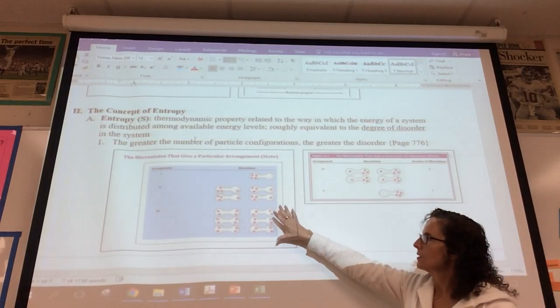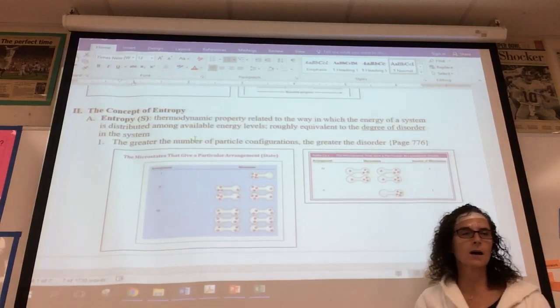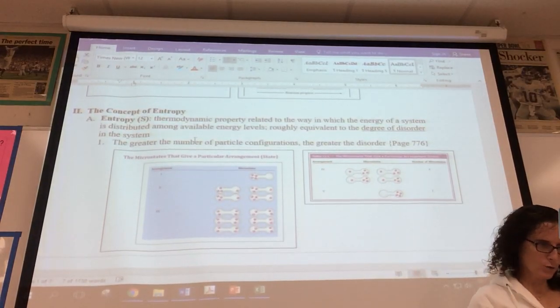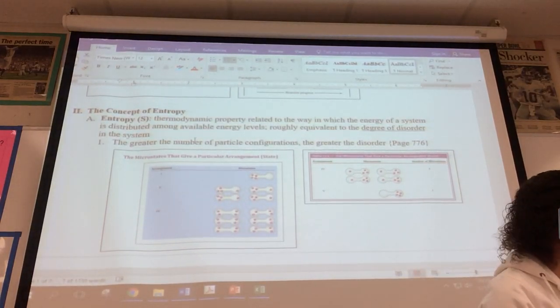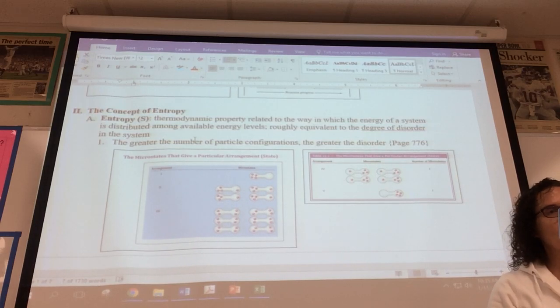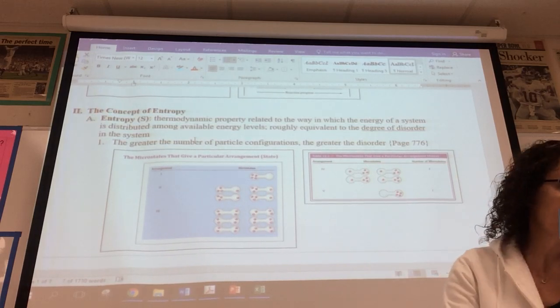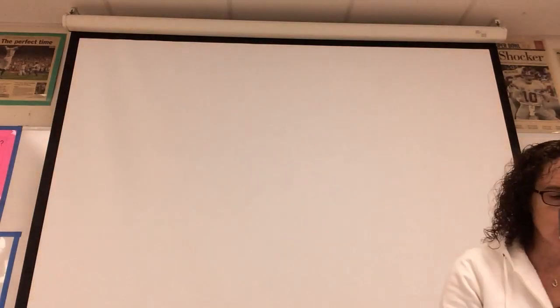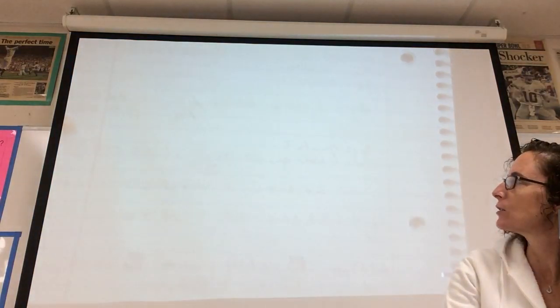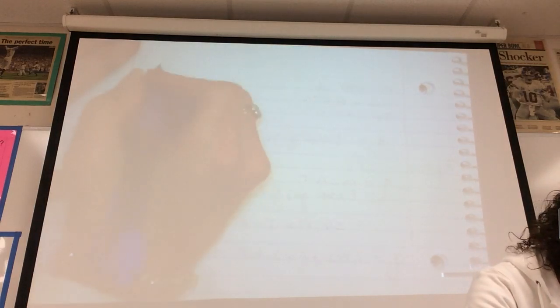The more disorder you have in the system, the greater the entropy. What you also find is that the more atoms in a molecule, the greater the disorder. And you'll see this in a few minutes in your notes, but I'll mention it here.